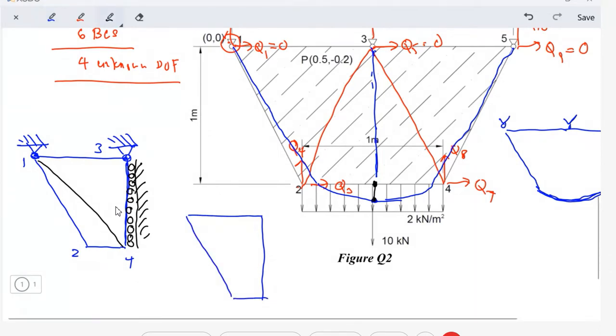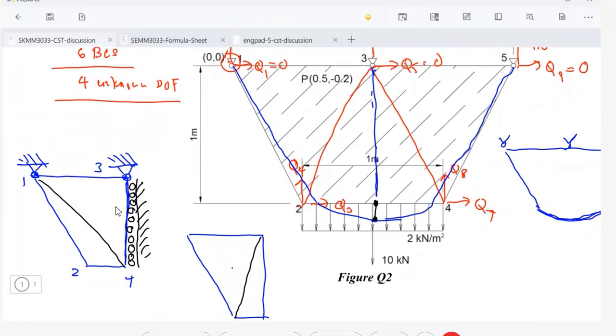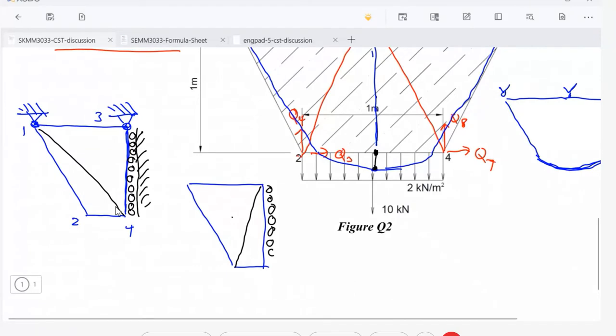This is 1, this is 2. So which one do you think is a better model here? Number 2? This one or this one? Maybe number 2, the one on the right. Yeah. Okay.